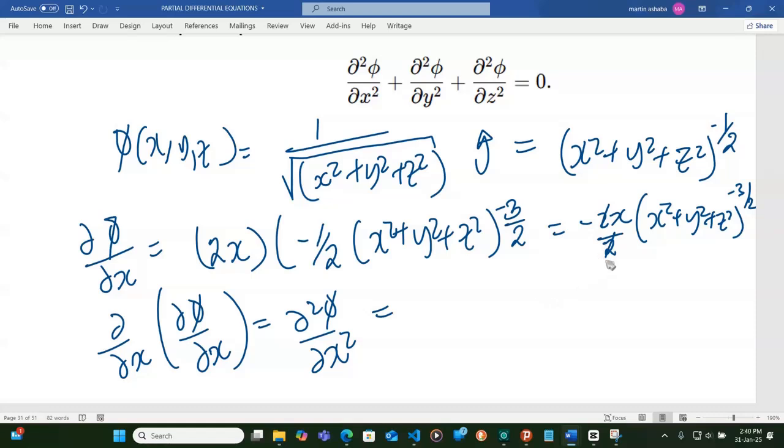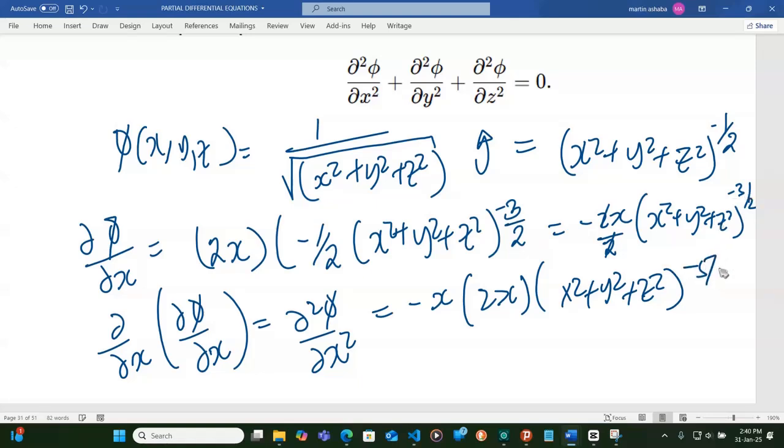Now let's do the differentiation. You can say this is a u and this is a v, so we have u dv/dx plus v du/dx. With u equal to negative x, I differentiate v with respect to x, and I will have again 2x times (x squared plus y squared plus z squared), then I reduce the power by 1, making it negative 5 out of 2.